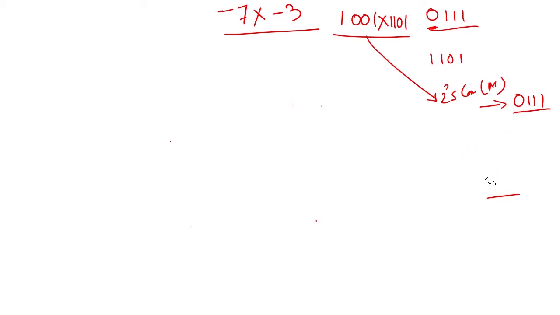So, now what we have to do? This is the multiplicand, and this is the 2's complement of the multiplicand. So, this is multiplicand and this is multiplier. So, what is the first task? You have to convert the multiplier bits into the corresponding Booth's recoding. Okay. So, then it is 1 1 0 1.